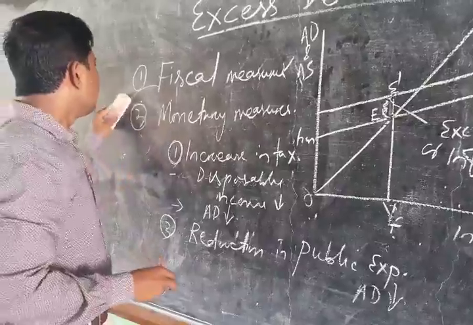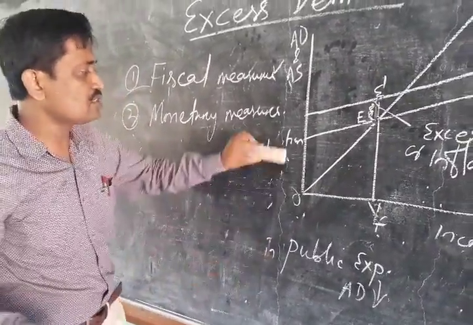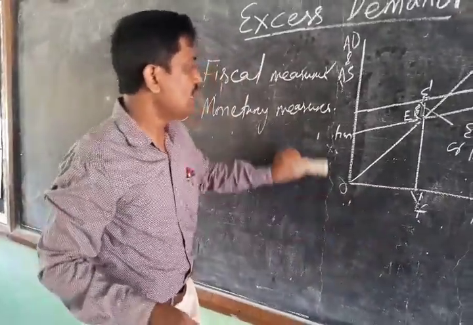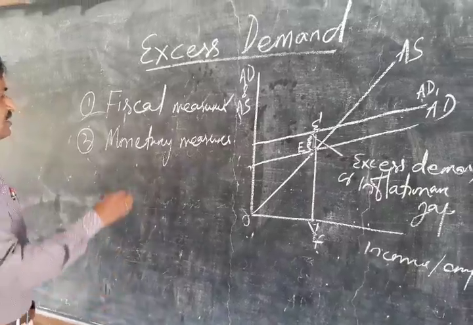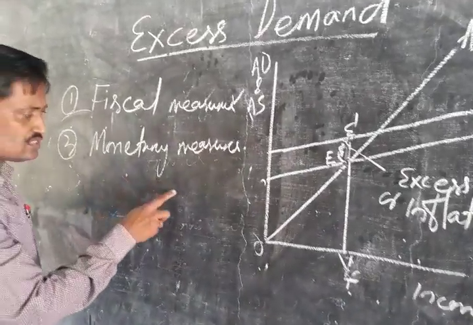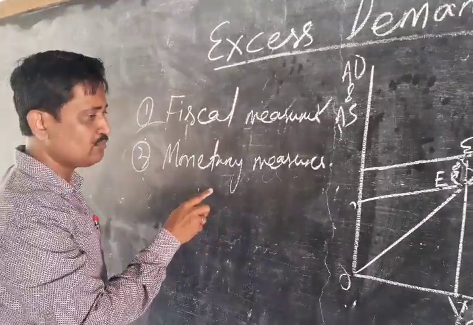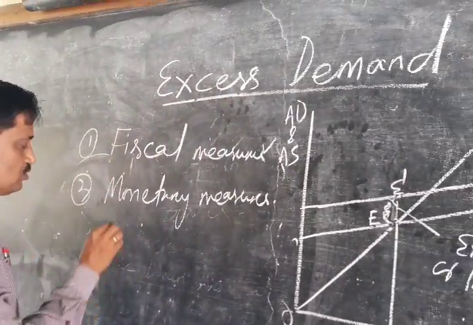Likewise, monetary measures can also be explained. Monetary measures are the measures taken by the Reserve Bank of India or the central bank of a country to control the money supply and money demand to control the excess demand situations.